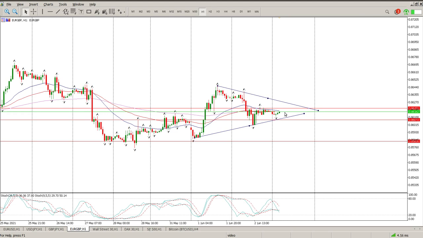There is some catalyst that's going to hit us soon, and the question is, what is that catalyst going to be? The only thing we can do is wait for the big boys to start placing their bets, and we should see that in the charts, and at that point we'll be able to move with the flow.